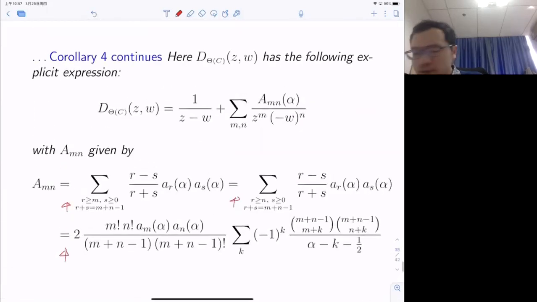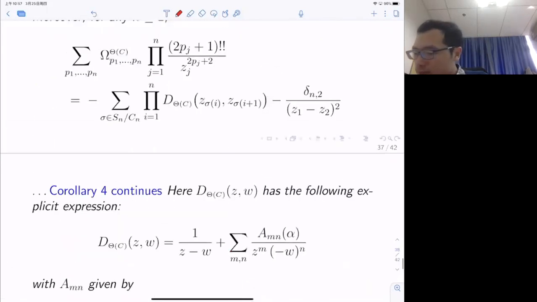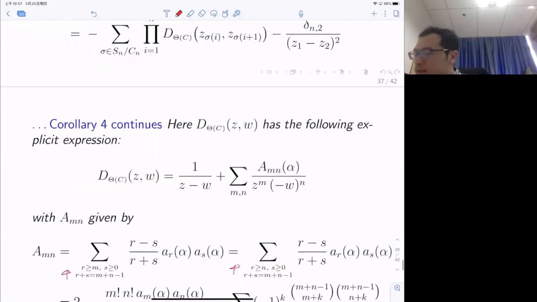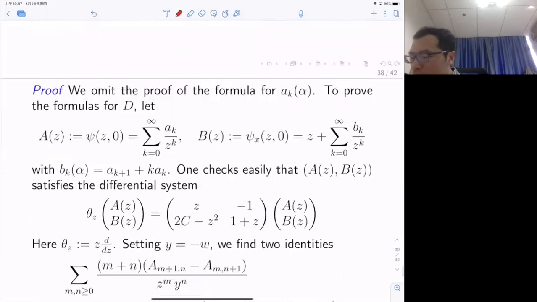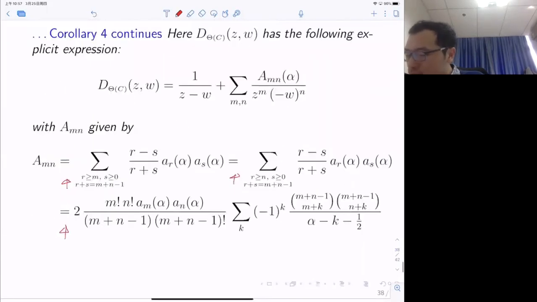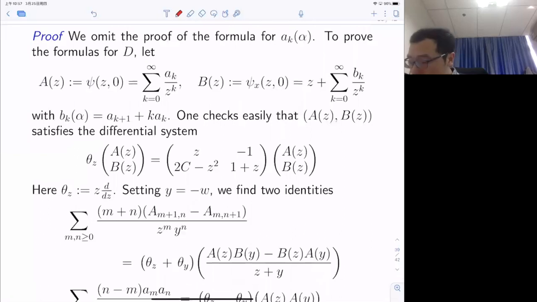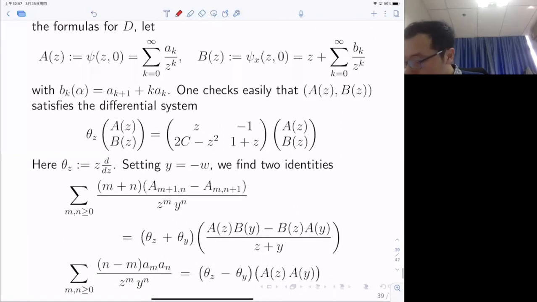Solving this linear Schrödinger equation to get psi and psi star is easy. Let's just show how to get this D. The first thing is that we can find psi star.